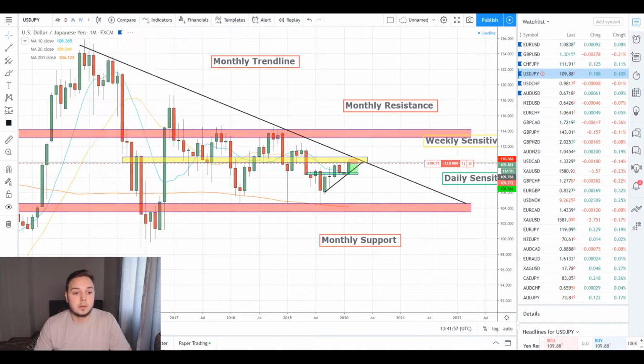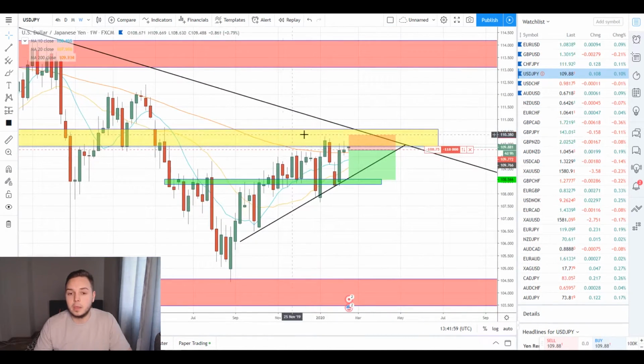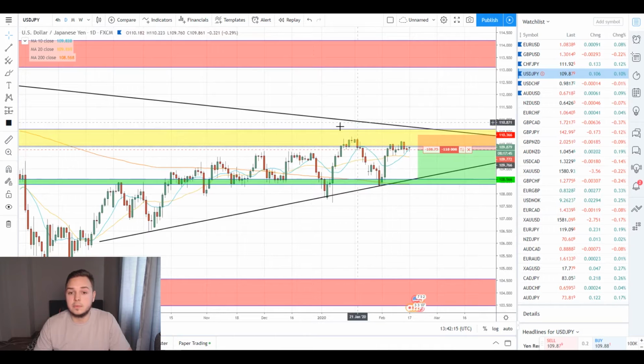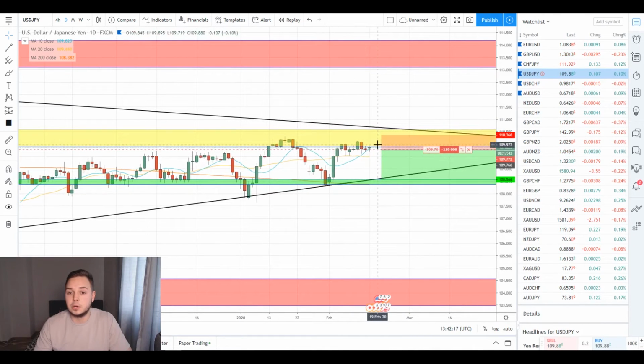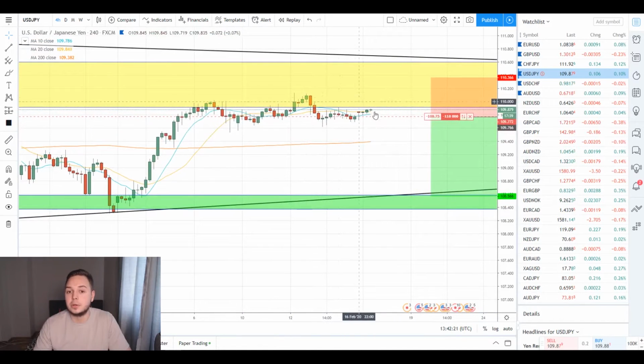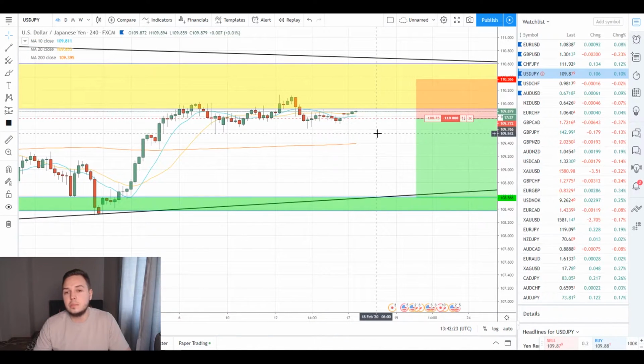If we just have a look at the weekly, as you can see over here, it's fluctuating in this area. Had many touches over here, so it's a good area of sensitivity, while also touching nearly the monthly downtrend. I'm seeing this trade, and I believe it's a double top as well, bearish engulfer, well, nearly bearish engulfer, but on the 4-hourly it is a bearish engulfer. So it should be a nice trade.